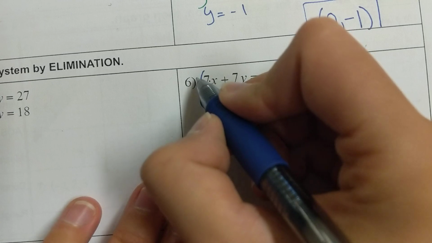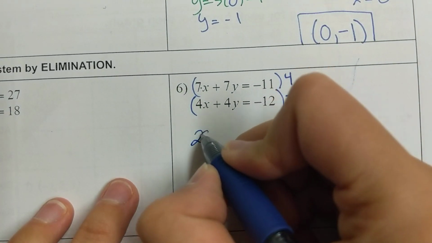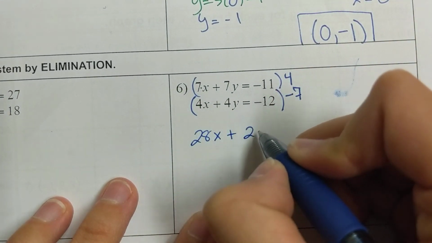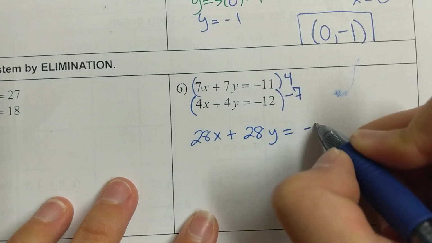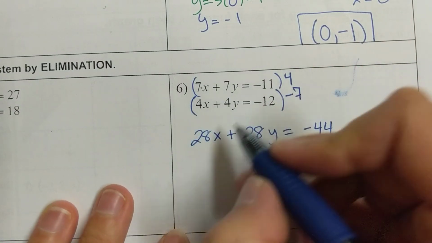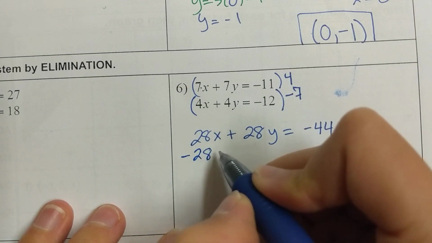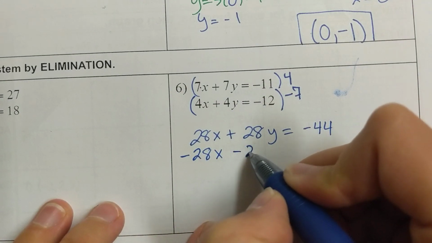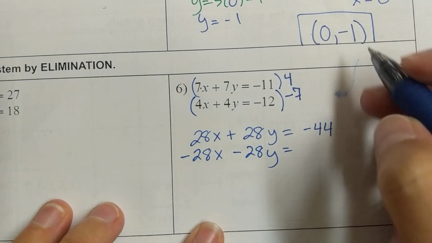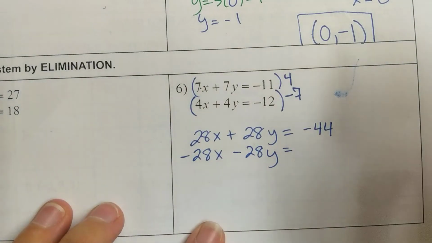So the first equation is now 28x plus 28y equals negative 44. And my new second equation is negative 28x minus 28y equals 84.